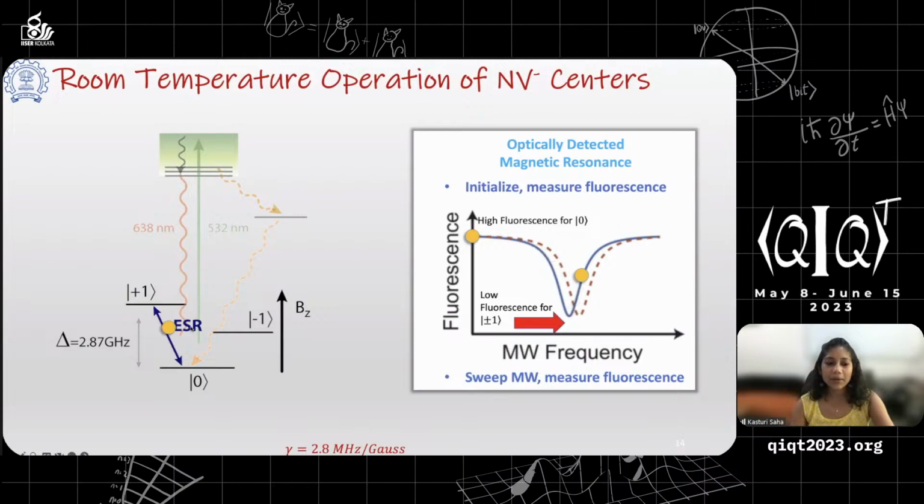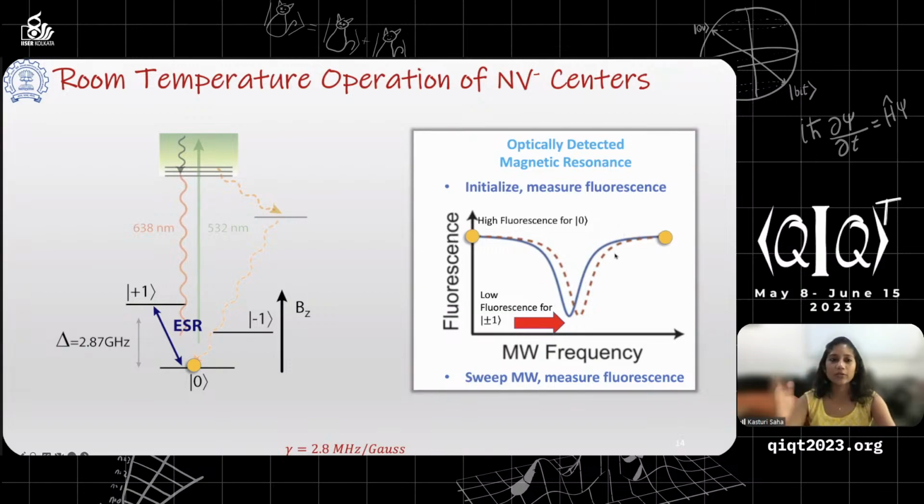As we apply the microwave, this is essentially an electron spin resonance. So whenever it hits the +1 level or the -1 level, you essentially will see a drop in the fluorescence. Whenever it crosses the resonant frequency, you will see that the fluorescence is minimum. And so what you plot is this blue curve here.